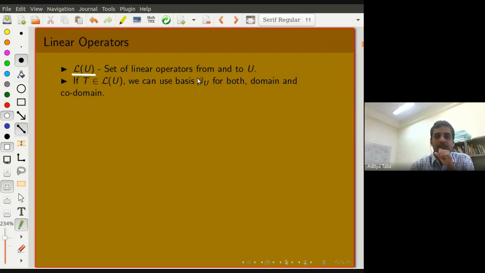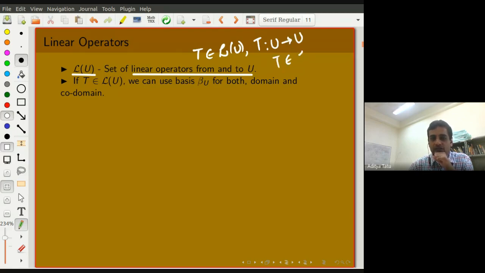L of U denotes the set of all linear operators from U to U. Okay, that means if I take an element of this set, L of U, that T is a linear transformation from U to U. And similarly, you also have a more general notation, L of U,V. L of U,V denotes the set of all linear transformations where the domain is the vector space U and the codomain is the vector space V. Okay, so in this case, an element of this set will be a linear transformation from U to V.